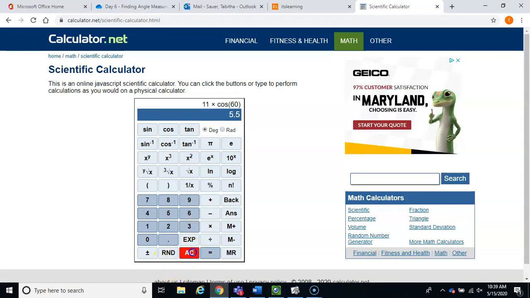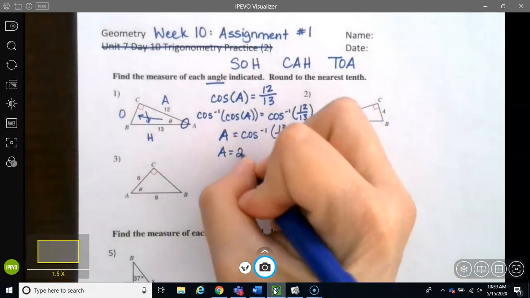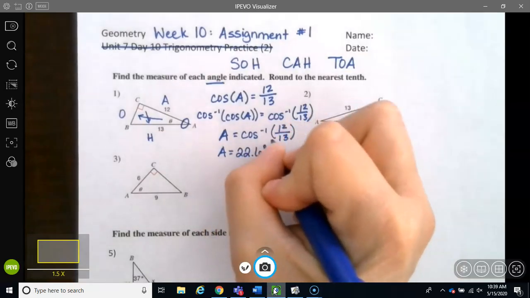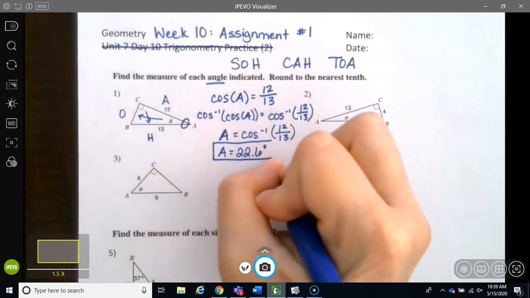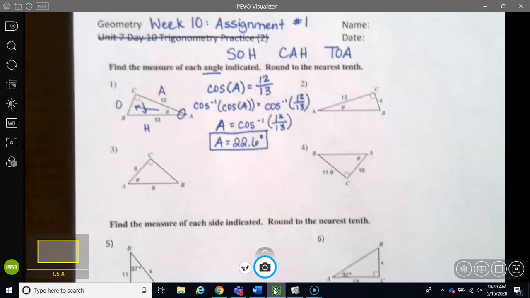So we clear this out, and we do cosine inverse of 12 divided by 13. And we get an answer of 22.6. And this is degrees because we were finding an angle. So that's how you do those 4 problems there, because you're finding the angle.